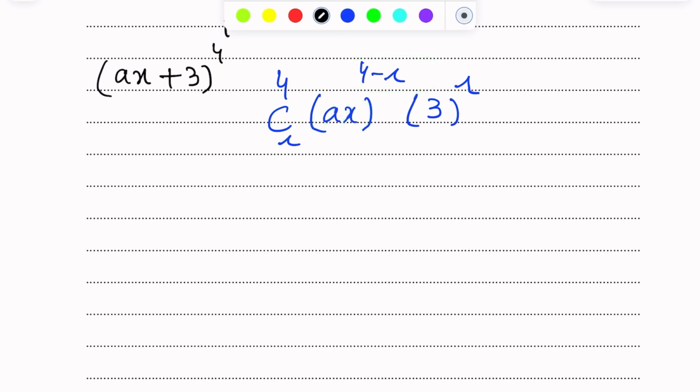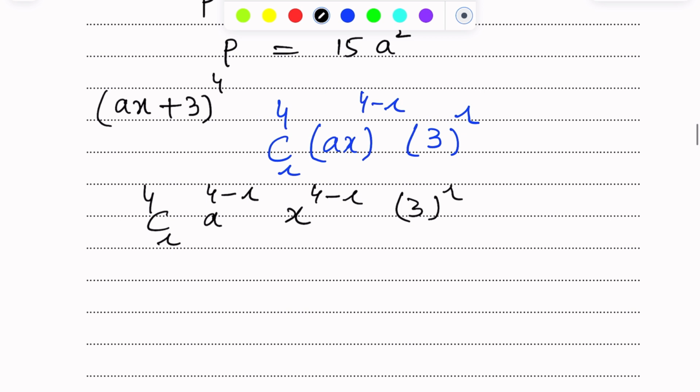So we can write 4Cr a^(4-r) x^(4-r) 3^r.